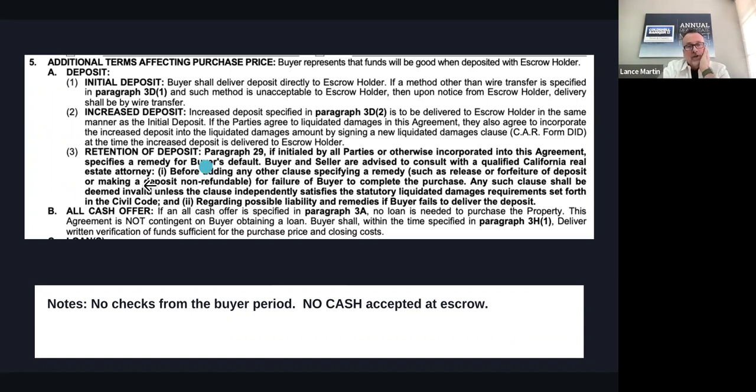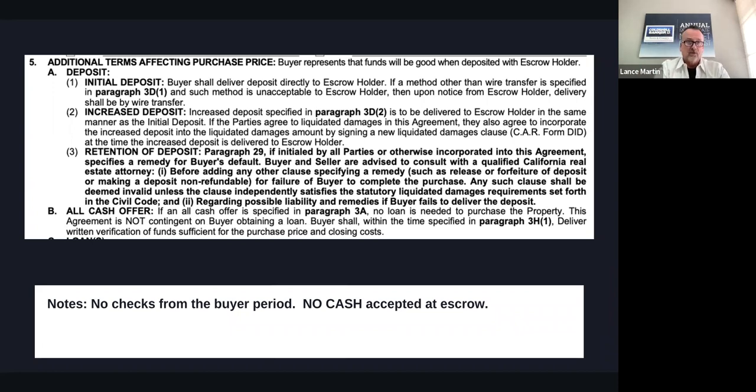Okay, retention of deposit. This basically gets into the liquidated damages portion of the contract and what happens if there's a dispute. So let's just say Alma's my buyer and there's $10,000 in escrow and there's a problem. Alma's canceling, or whatever it is.